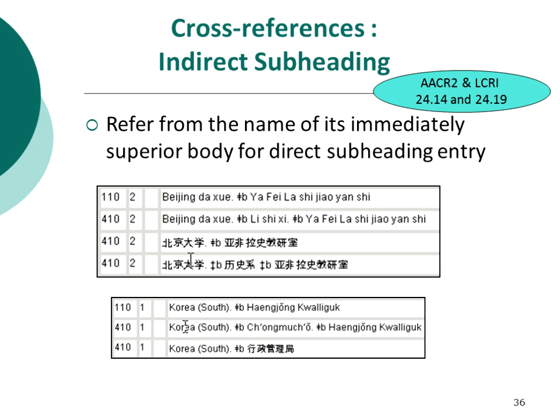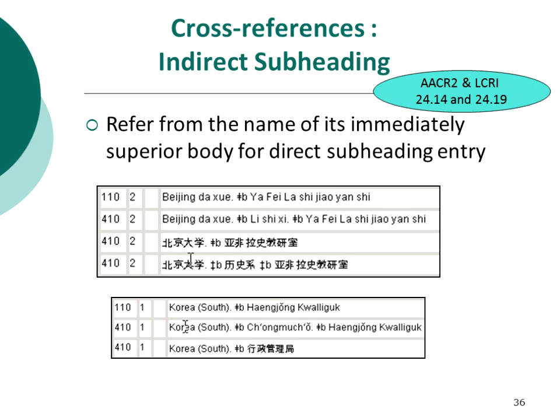Now, the cross-reference for indirect subheading calls for this: if you have a body that's entered under direct subheading entry, refer from the name of its immediately superior body, meaning provide a cross-reference from the next level in the hierarchy for this direct subheading entry. Check our example under 410.